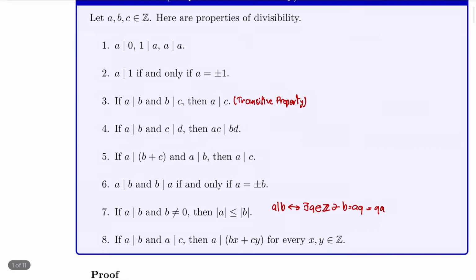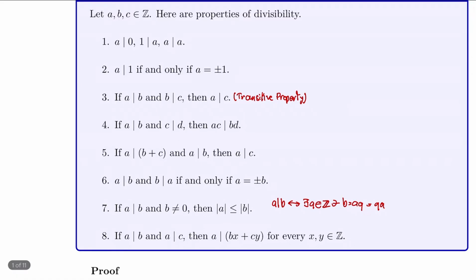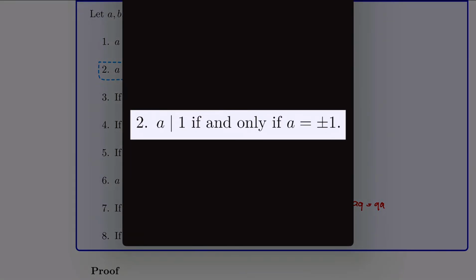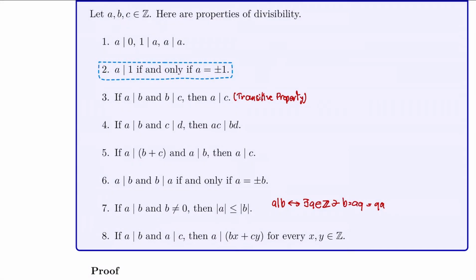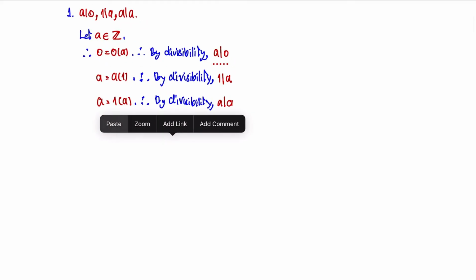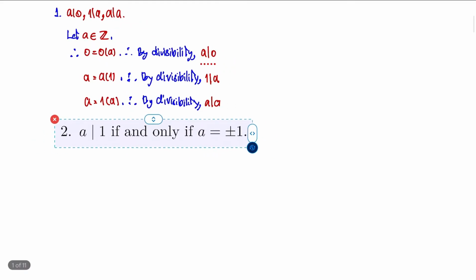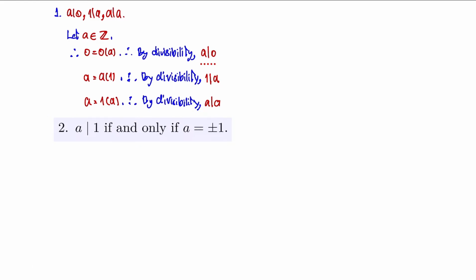Now let's go to the second property: a divides 1 if and only if a equals 1 or minus 1. Take a look at this property and let's prove it. We will let a be an integer. Since it is if and only if, I want to start from the left to the right.